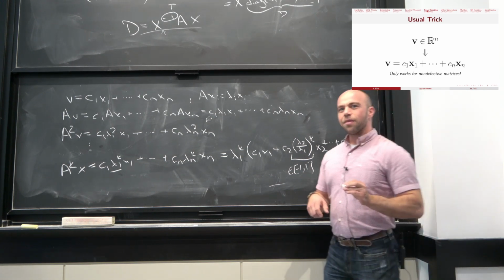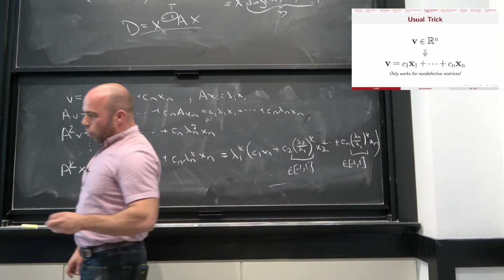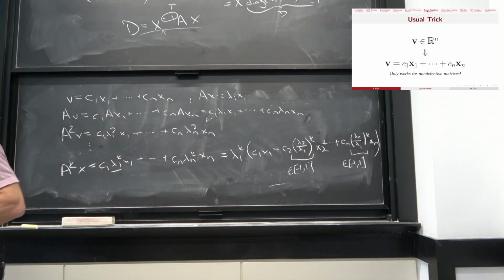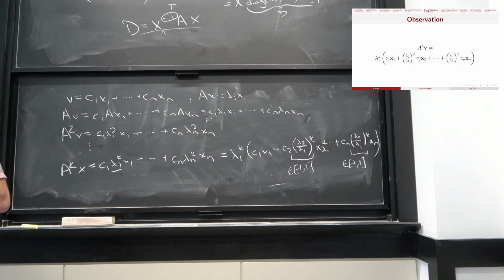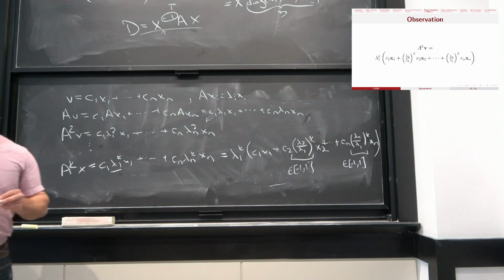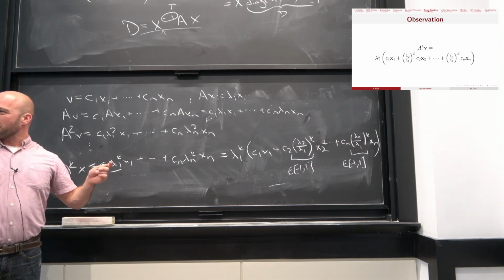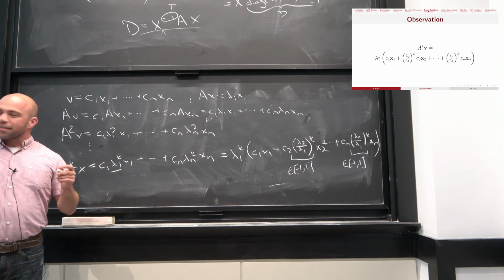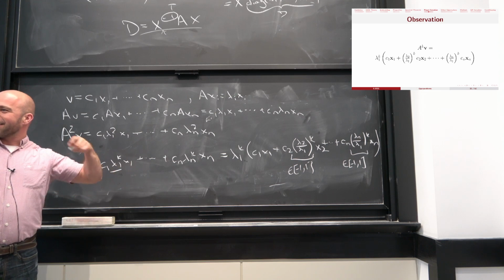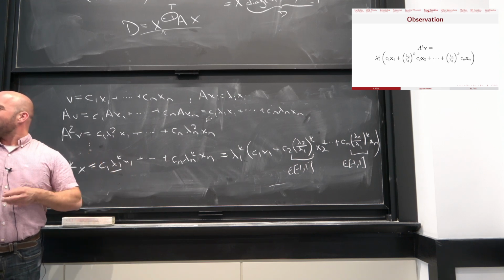Cool? Whew. So this is our observation so far. So let's assume for a minute that lambda 1 is unique. In other words, we don't have a repeated eigenvalue as our first one. That's actually a case that's not going to matter a ton. It turns out our algorithm will still work, but I'll let you think about that at home.